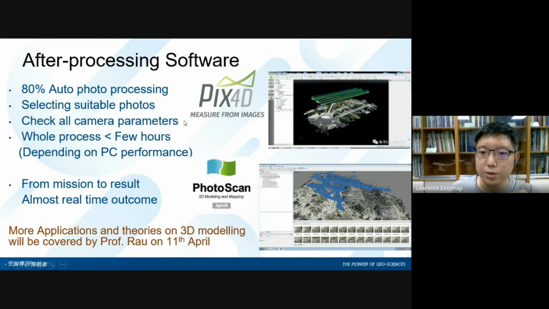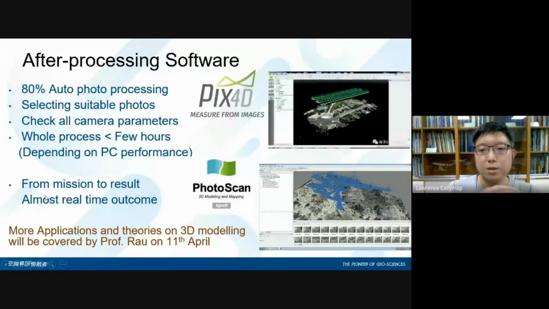Here are two very useful tools that we normally use. I particularly use Pix4D, which is a very good software, and some of my colleagues use Photoscan. Of course, there are many more software packages in the market you can use. You can pick your own one and then create the aerial mapping.